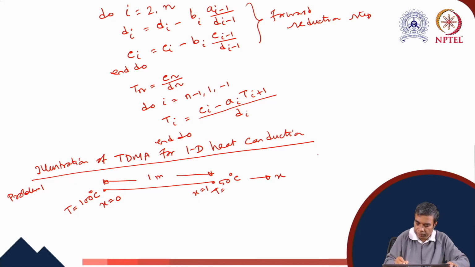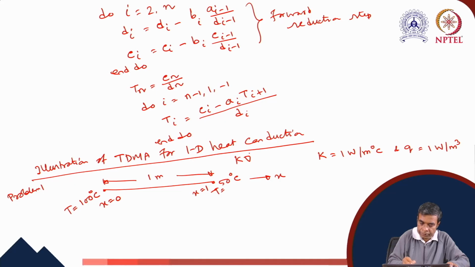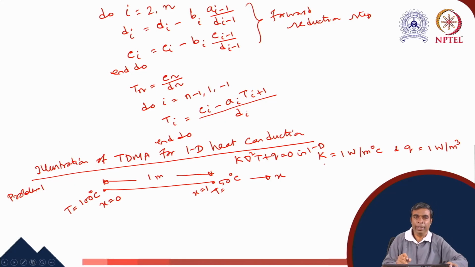So we have thermal conductivity K equals 1 watt per meter degree centigrade and rate of heat generation is 1 watt per meter cube. Our governing equation is K del square T plus Q equals 0 in one dimension. So we have already solved this problem and then we can show the matrix directly.